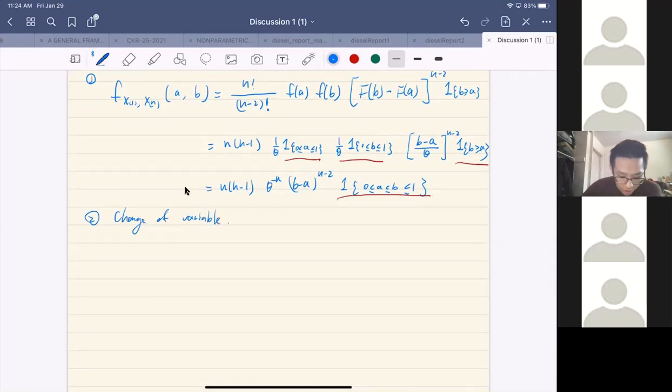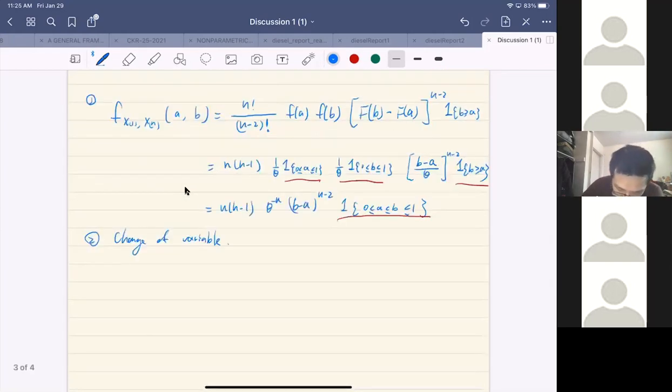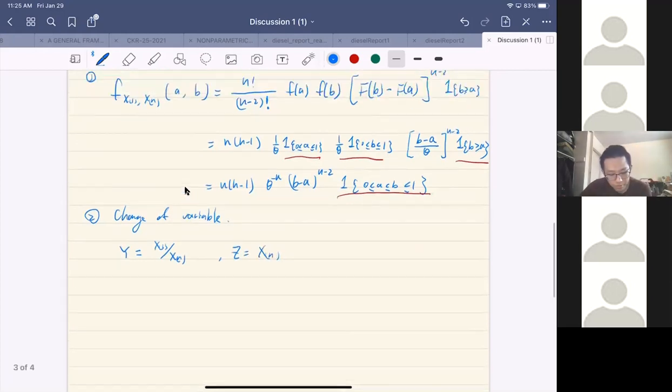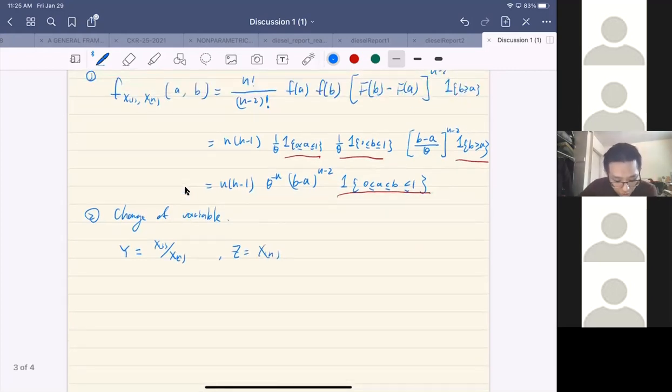So we can define y equal to S1 divided by Sn, and z equal to Sn. So we want to do a change of variable.